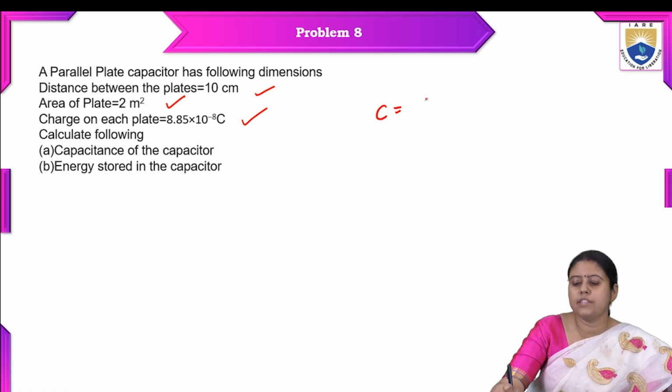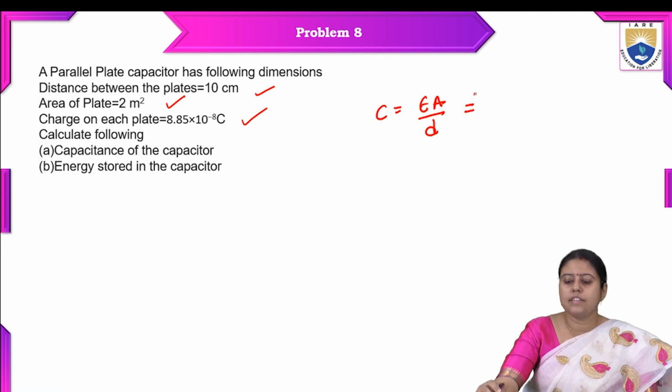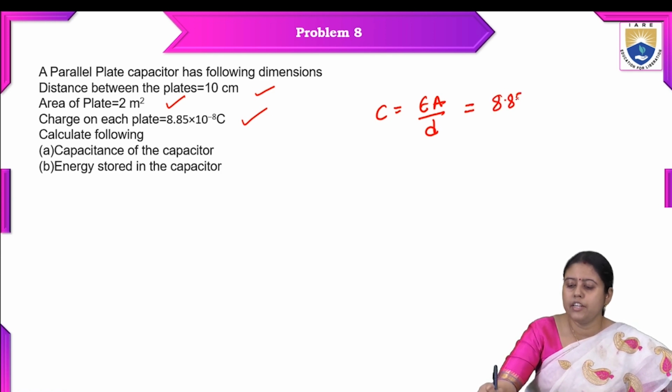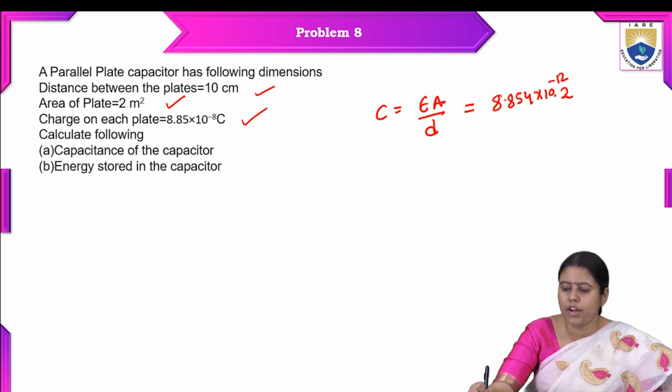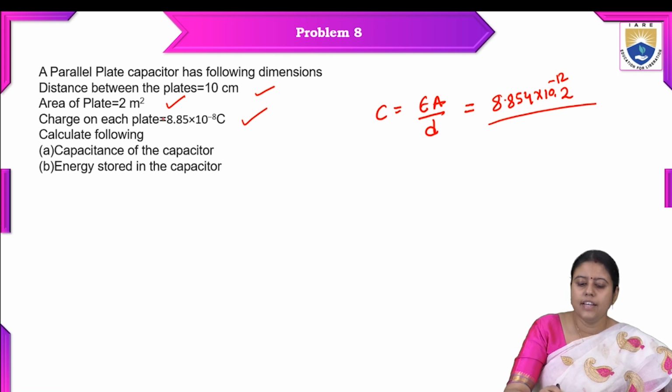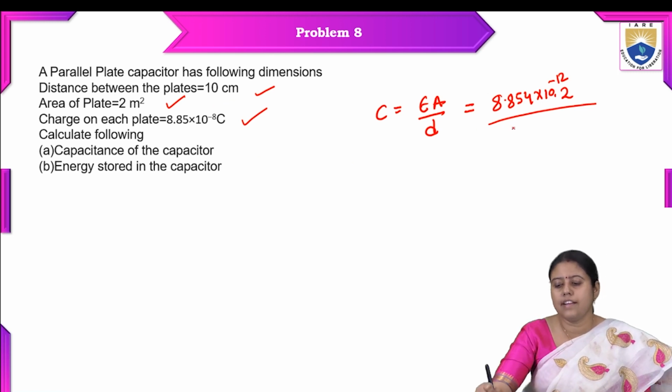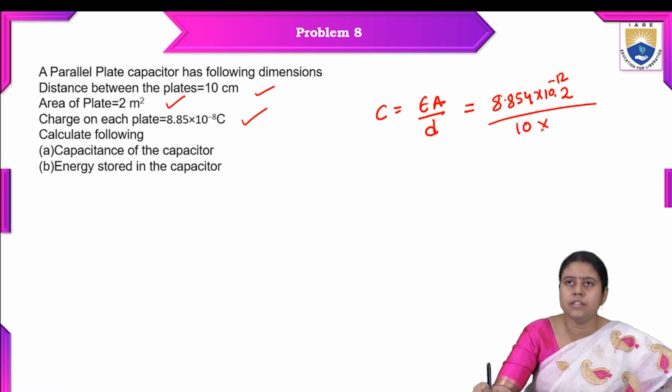So what is the capacitance? Epsilon A by D. What is the value of epsilon? 8.854 into 10 to the power minus 12, into A which is 2 meter square, by D. D value is given as 10 centimeter, which means 10 into 10 to the power minus 2 meter.